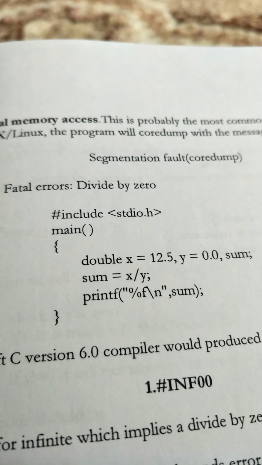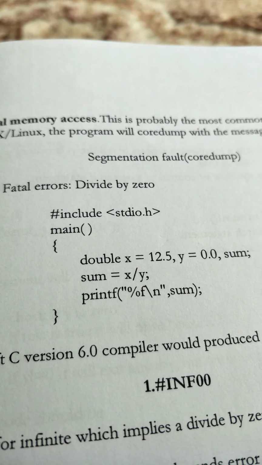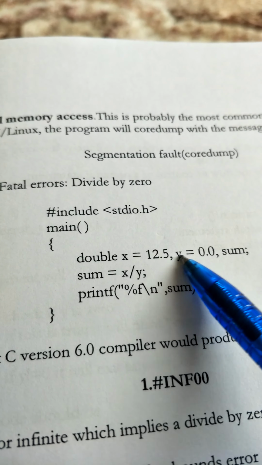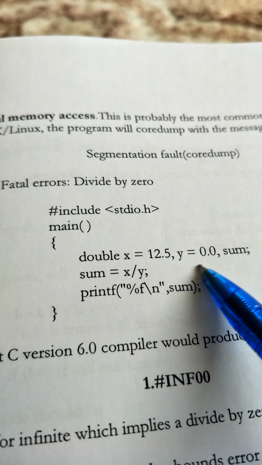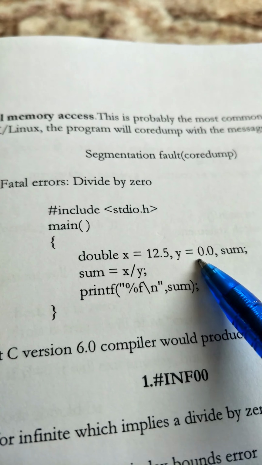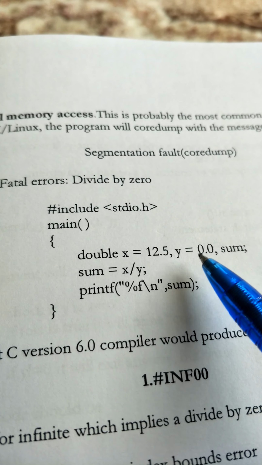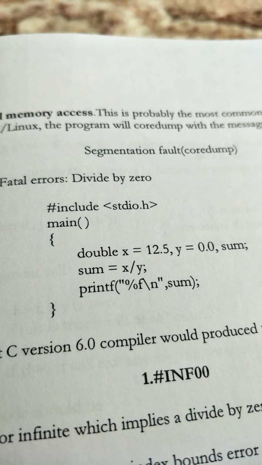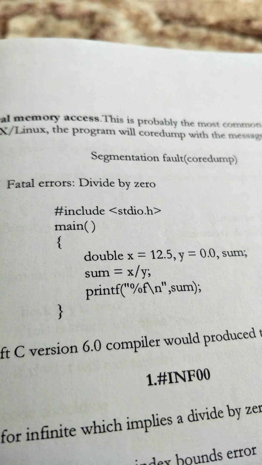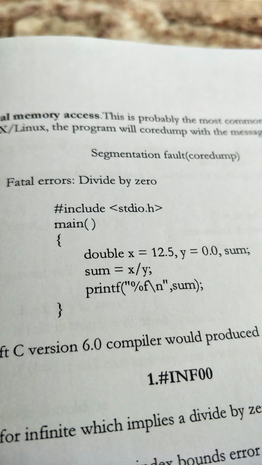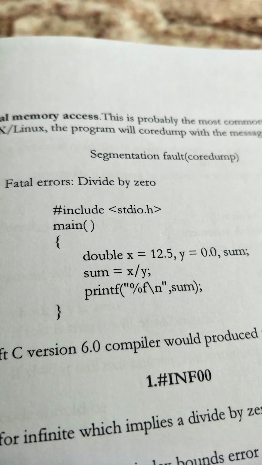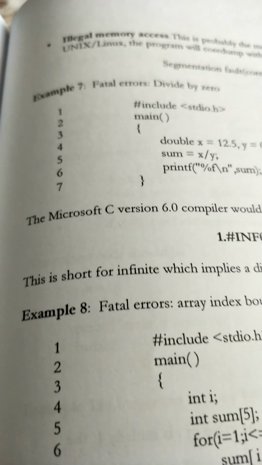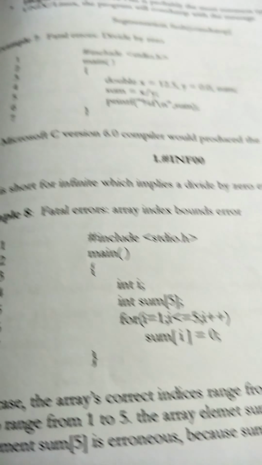It is easy to detect because we already assigned y equal to 0, so we know what happened. But in the case where y comes from an expression, or the data is processed from somewhere else, that is possible, and then it is difficult to find. We don't even realize y is 0.